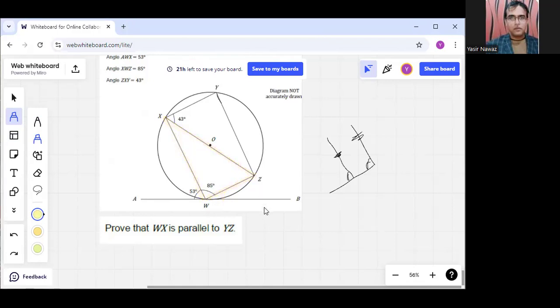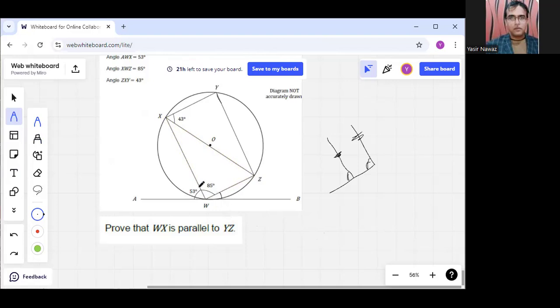So how to find this angle? This angle, because this is a straight line. In a straight line, the angle is 180. If you have a semicircle, this angle would be 180 degrees, a half rotation.